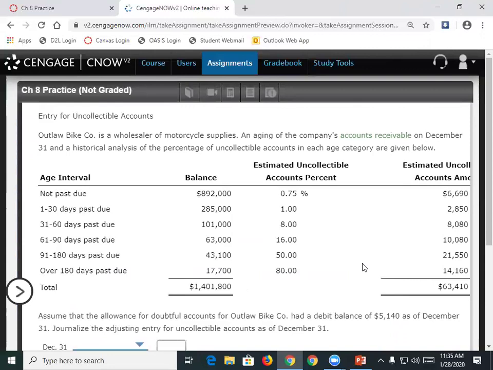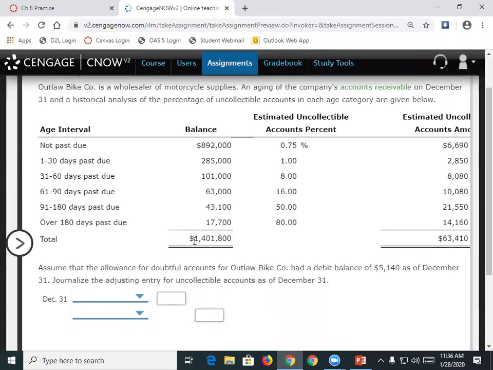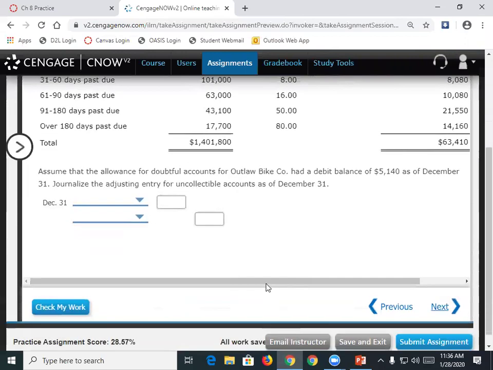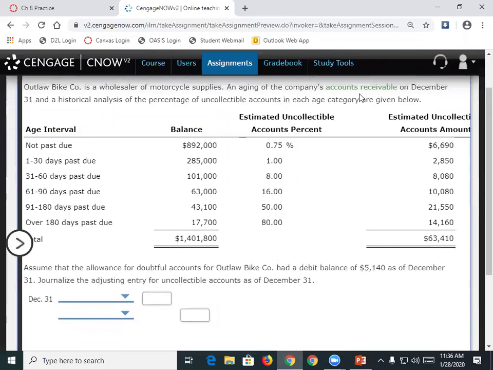So they've already done all the work for us. And when we look at this aging schedule, we see we have a total accounts receivable of $1,401,800. And of that, when they do the aging, we think $63,410 out of the total balance is uncollectible.